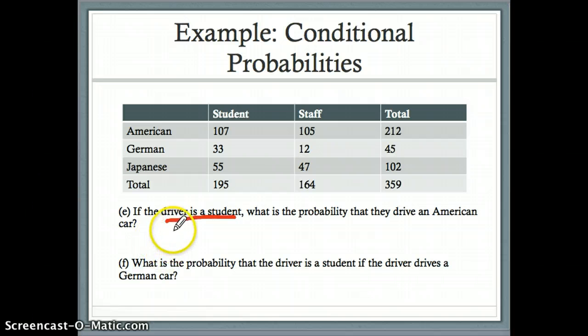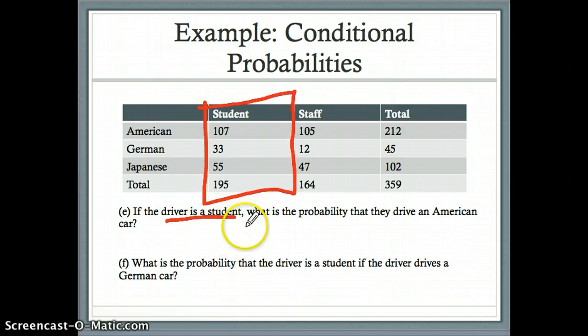If the driver is a student, we're really just looking at these numbers here. So these are the two we're concerned with, and there's your conditional probability. You're not looking at the 359 anymore because you're just focused on if they are a student.